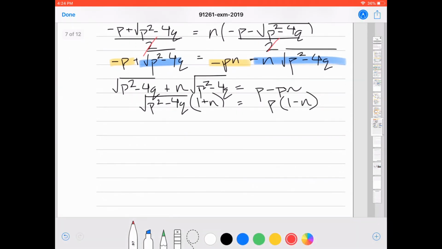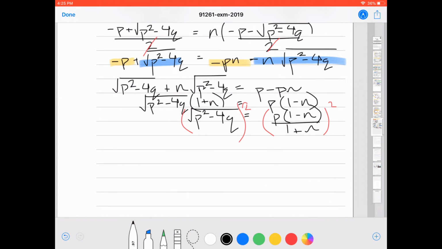And so to do that, let's isolate it, make it the subject. So we could say root of p squared minus 4q, and we'll bring our 1 plus n to the right hand side. So p times 1 minus n over 1 plus n. At this point, what's the opposite of square root? It's squaring, so let's square both sides now.